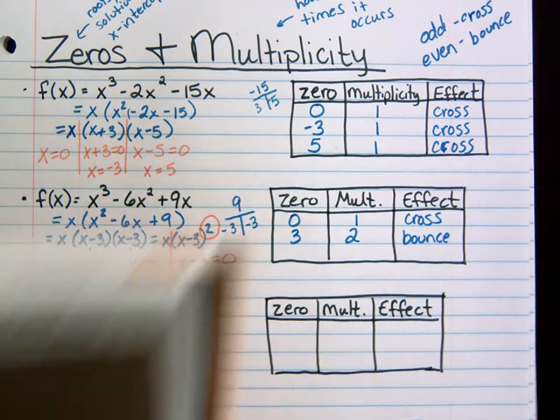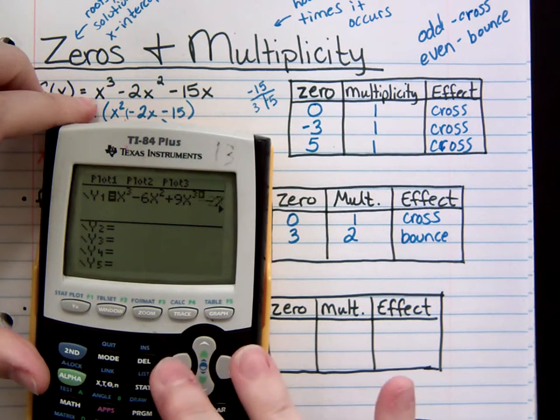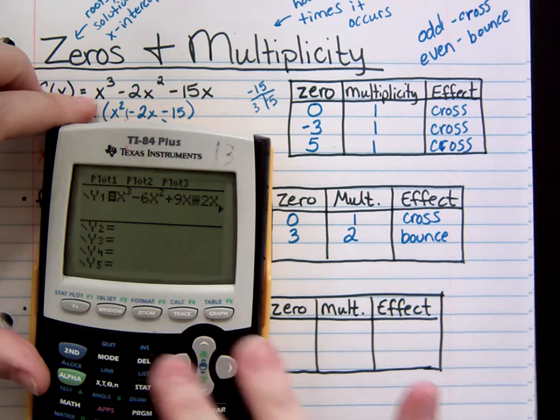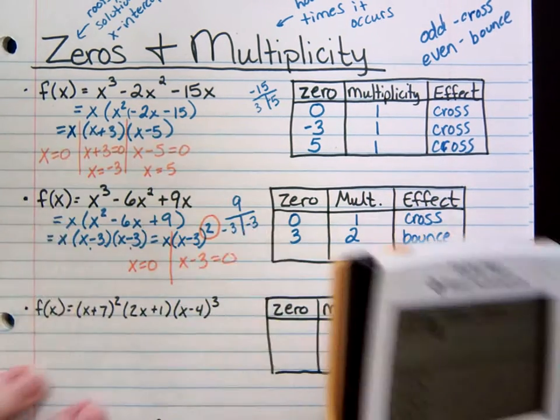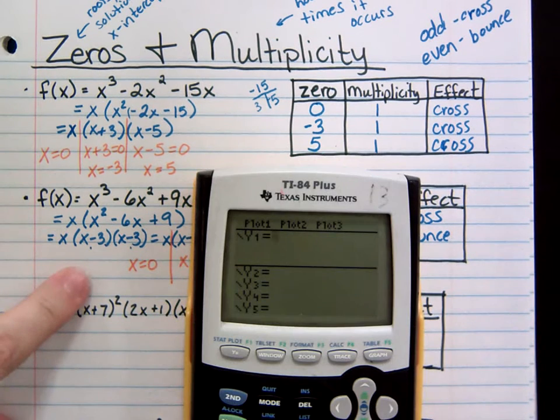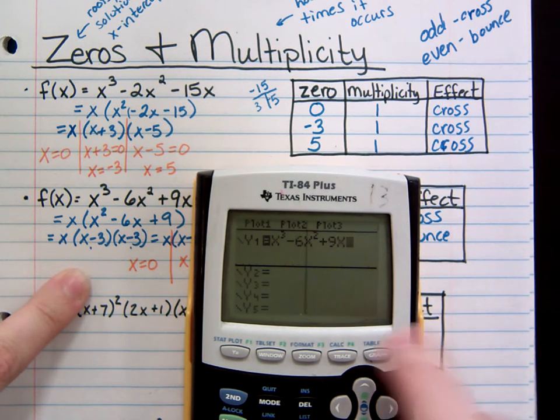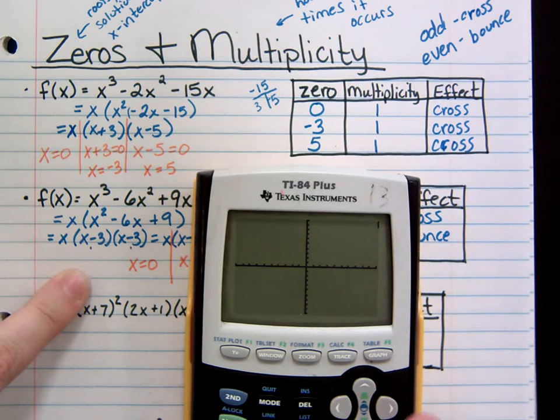I still have a bit left over. I knew something was off here. Apparently I kept my old graph and didn't clear it out. So let me redo this. Minus 6x squared plus 9x, and okay, that's better.